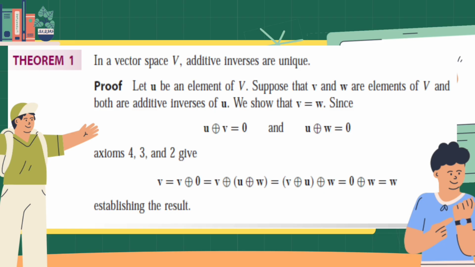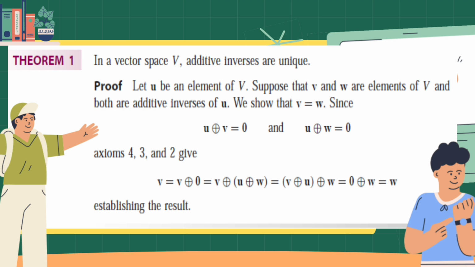So, using the axioms, we can manipulate these equations to show that v is equal to w.